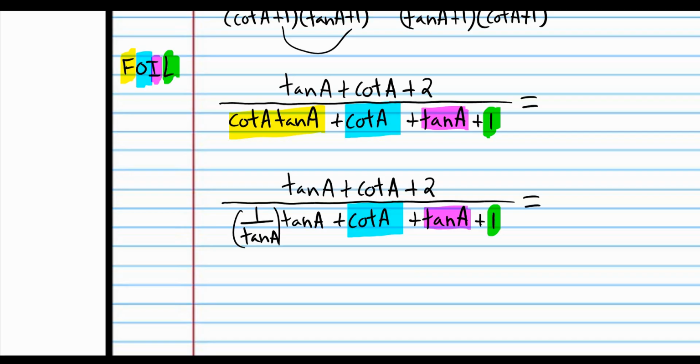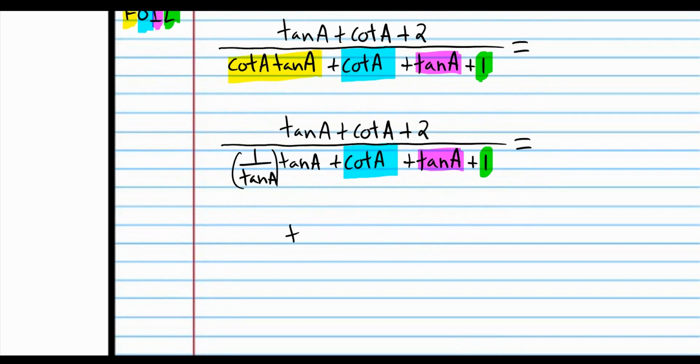And 1 over tangent A, focus in on this orange here. 1 over tangent A times tangent A is just 1. And so that's the key that unlocks the mystery of how we're going to do this. We're trying to prove that the whole thing is equal to 1.